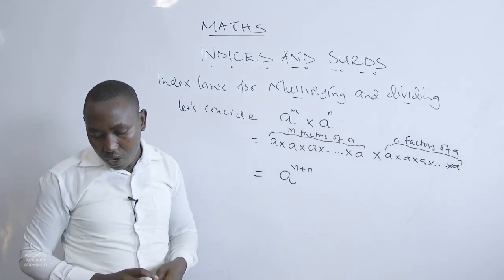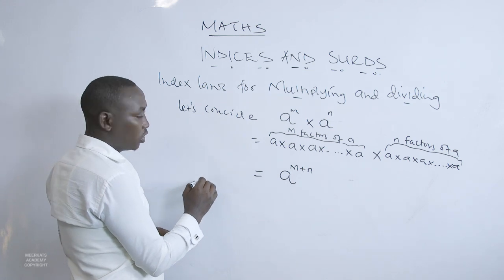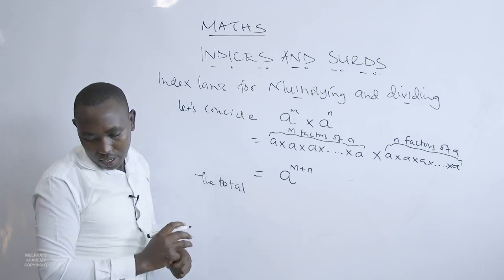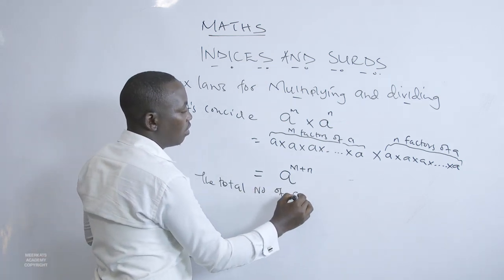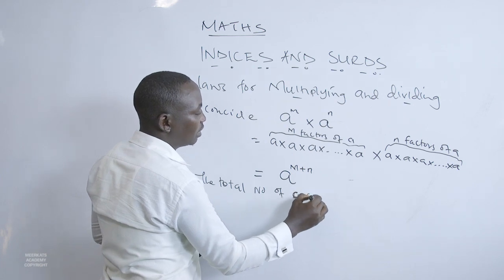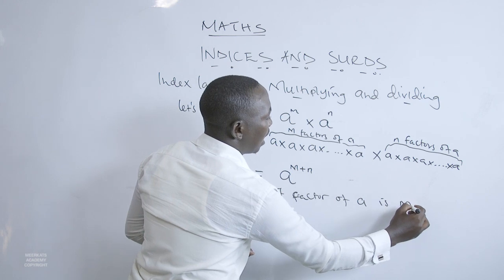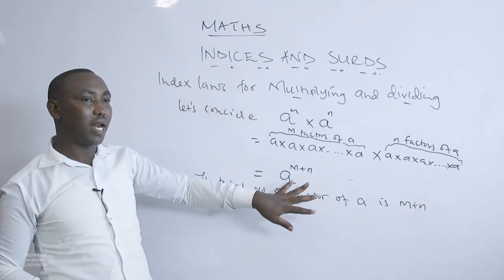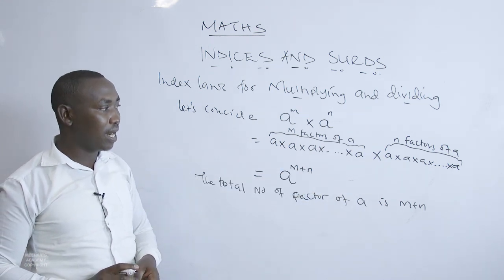And therefore, we can say that the total number of factors of a is m plus n, which has given us a raised to m plus n.